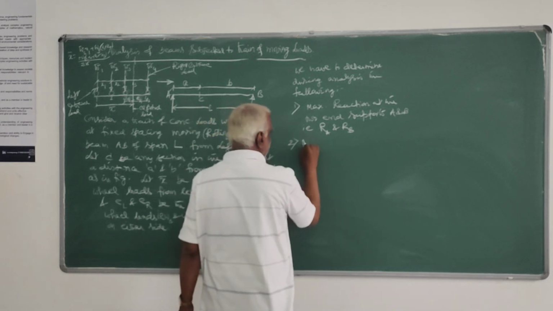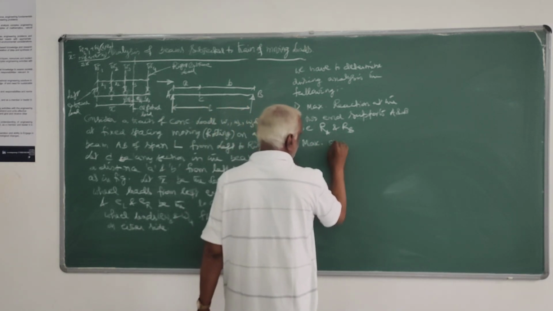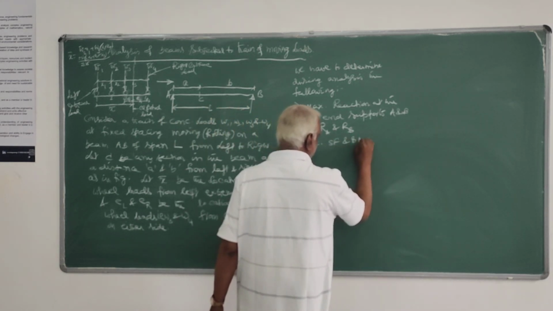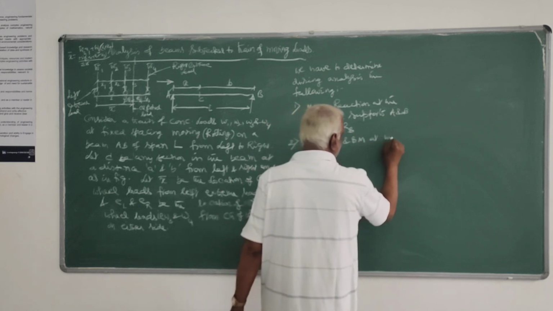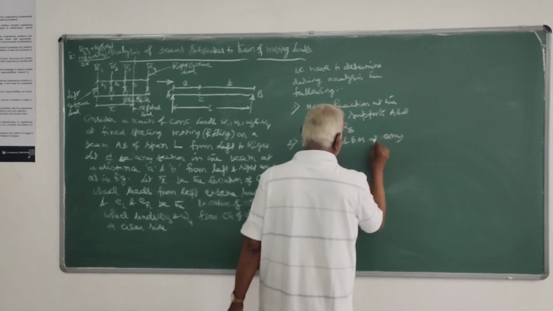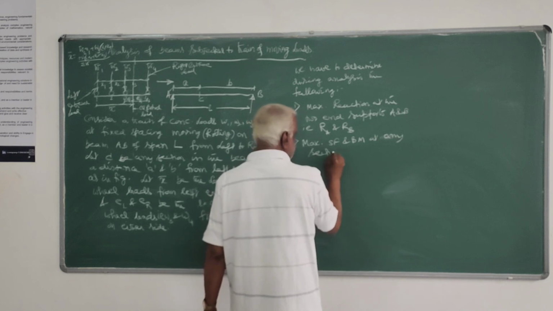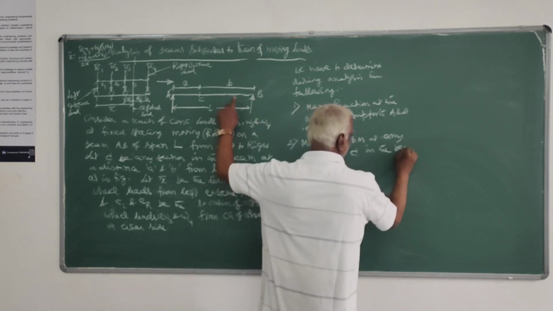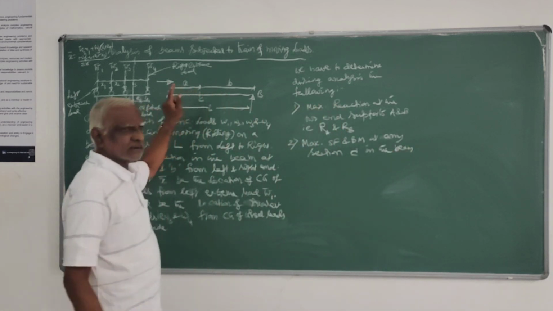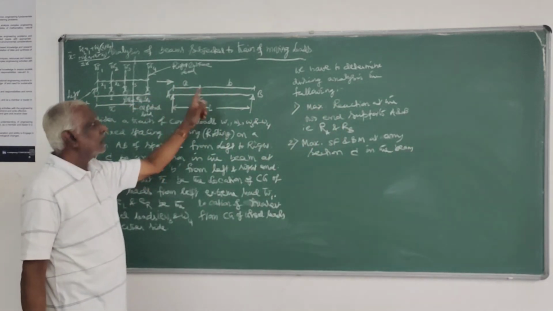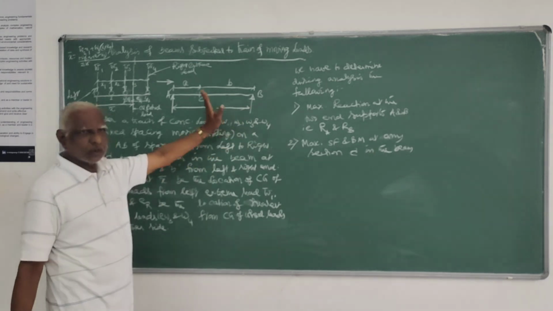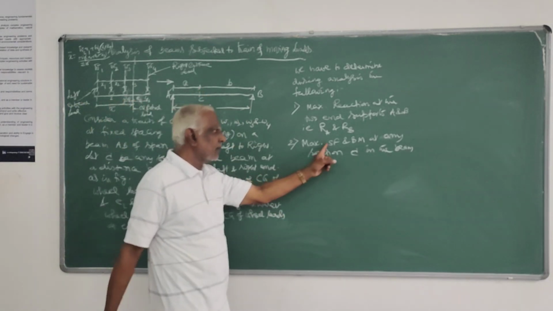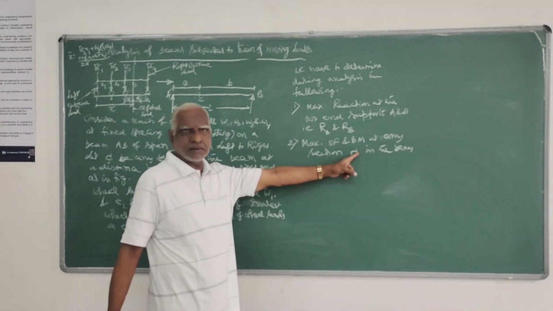Then maximum shear force and bending moment at any section C in the beam. So whatever I have located here, any section at a distance A and B from the left and right hand, at that particular point you have to find the maximum shear force and maximum bending moment.